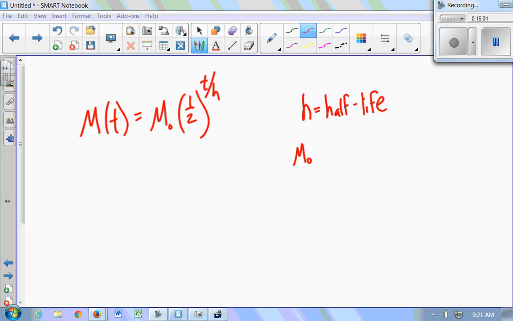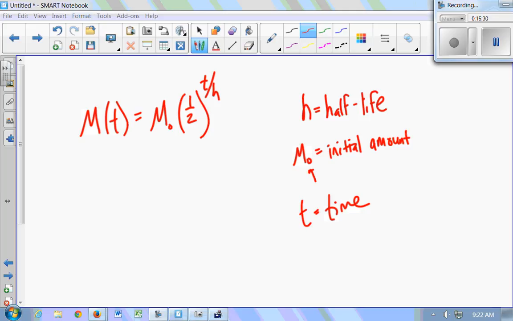M0 is your initial amount, which this little 0 stands for time 0. So this means the amount you have at time 0. And t is time.